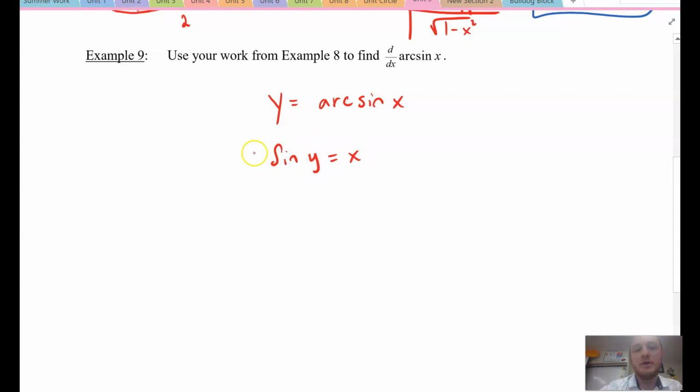And what I'm going to do is take the derivative of both sides with respect to x. So this requires implicit differentiation. Well, what's the derivative of sine? That is cosine of y times the derivative of the inside, which is y prime, is equal to the derivative of x, which is 1.